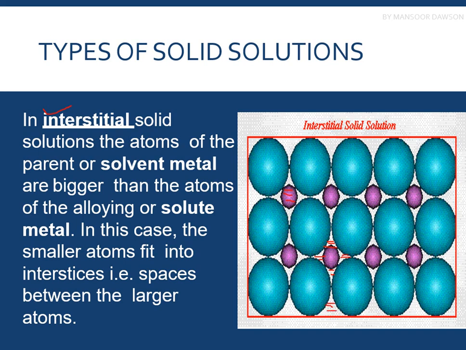Usually the difference between the radius of the foreign atom or impurity atom and the host atom is greater than 15%. So the size is very different. The interstitial atoms are very small so that they can fit inside the empty spaces, and these make up an interstitial solid solution.